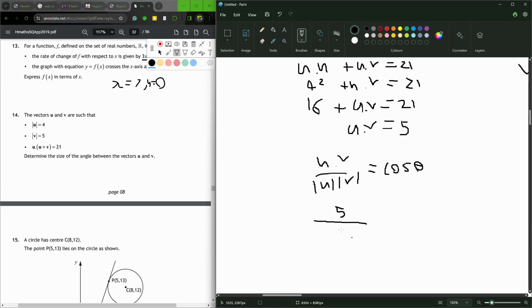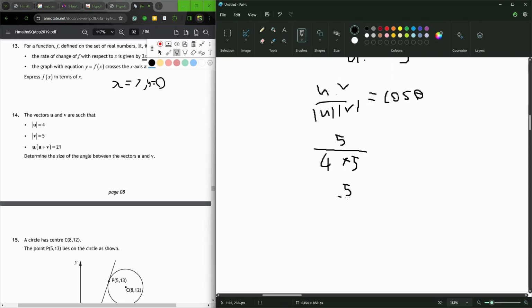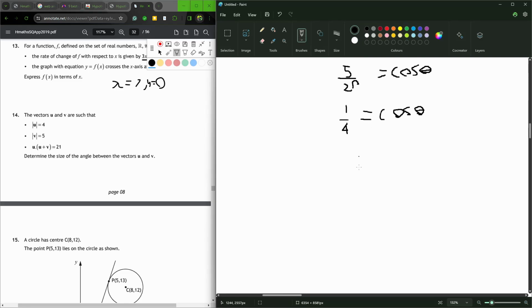So that's 4 times 5, so it'll be 5 over 20. Divide both sides by 5, we get 1 over 4. And then we can just use inverse cos.